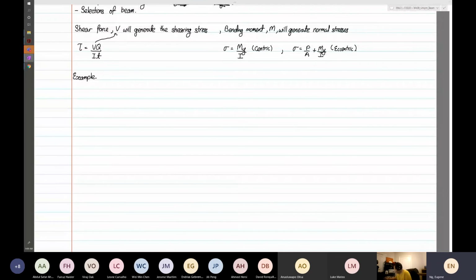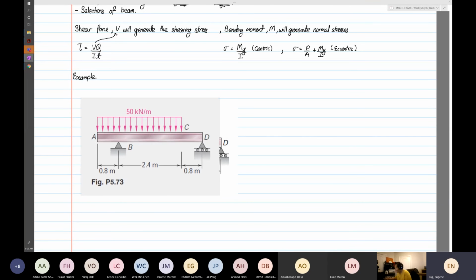So the example that I'm going to do is what I've posted online. The link, I hope you all have uploaded the figure. Okay, so this is the diagram that we're going to deal with today.